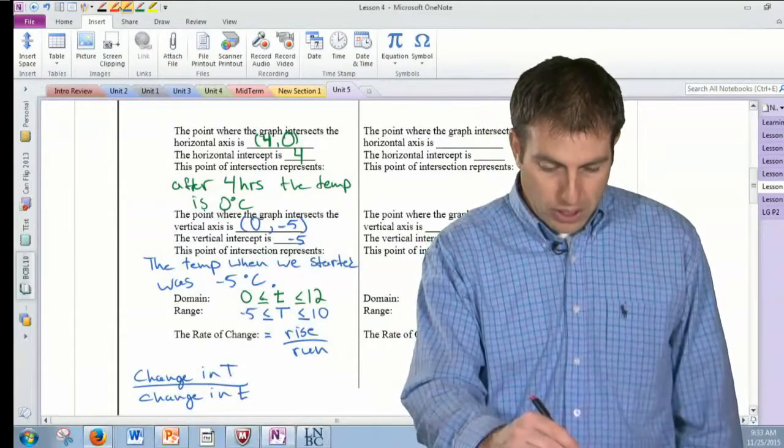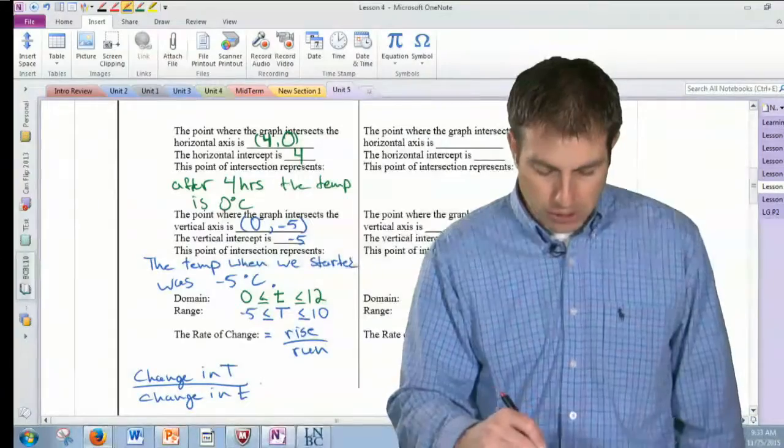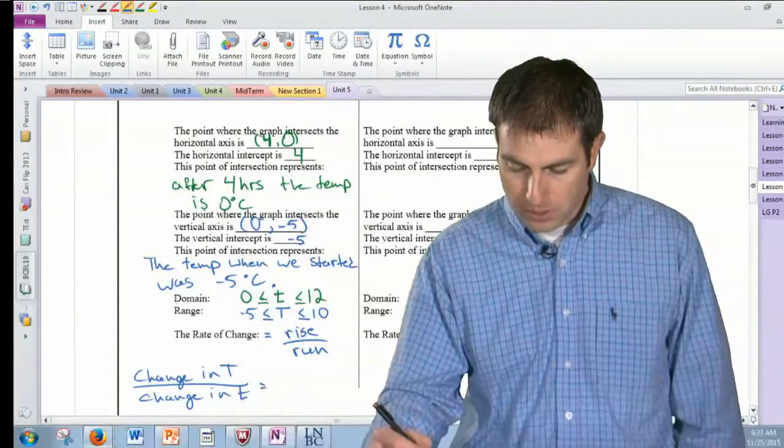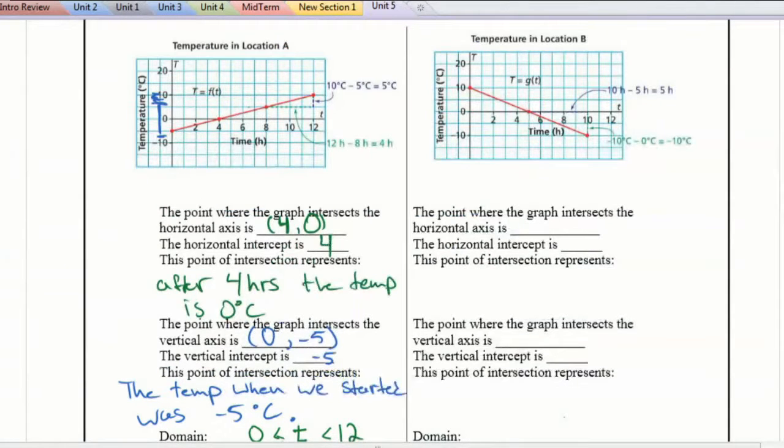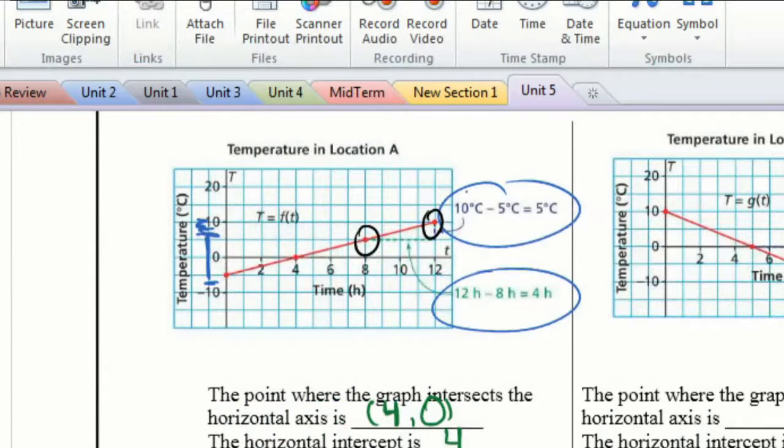Okay, let's go back up to our graph. We need to figure out a change in temperature and divide it by a change in time. So we need to kind of pick 2 points on our line. And you can see that over here, they've already kind of done this calculation for us. They've found 2 points right here and right here. And they said, okay, what's the rise? If I go from my first point to my second point, how much did I go up?